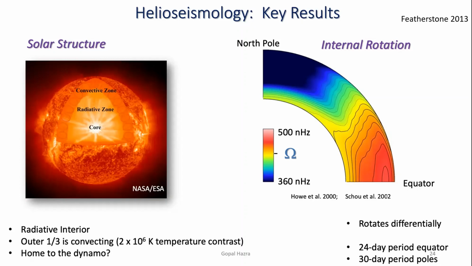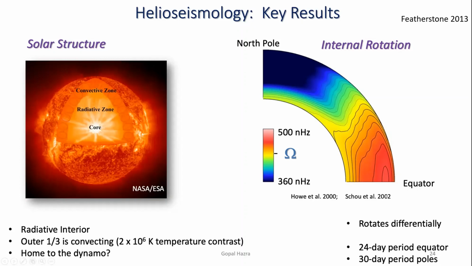In this convection zone, differential rotation plays a very important role in generating this kind of magnetic field. Just imagine, this is rotating faster and this is rotating slower, so there will be shear, right? Suppose you are rotating something, this part faster and this part slower, there will be distortion, some shear. So the differential rotation will help in this way. This is the main finding from helioseismology.